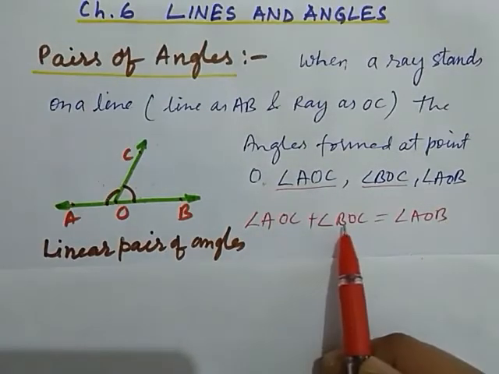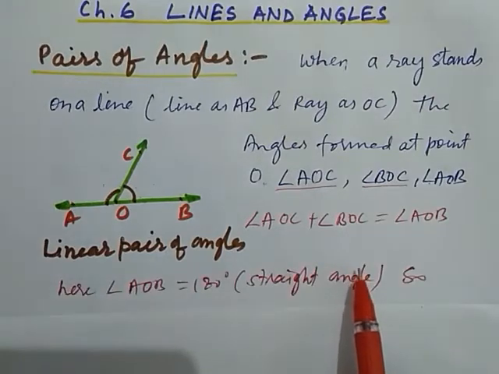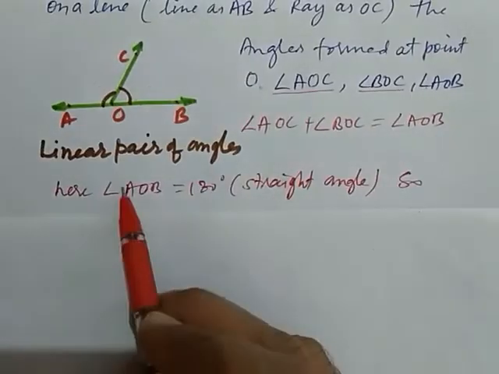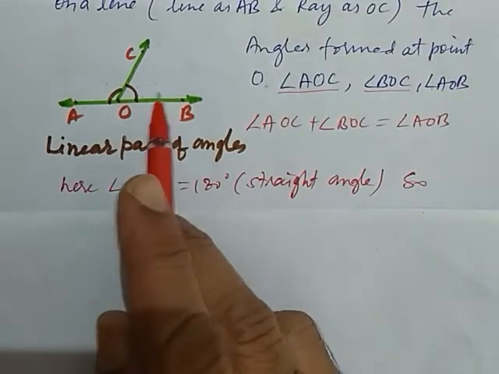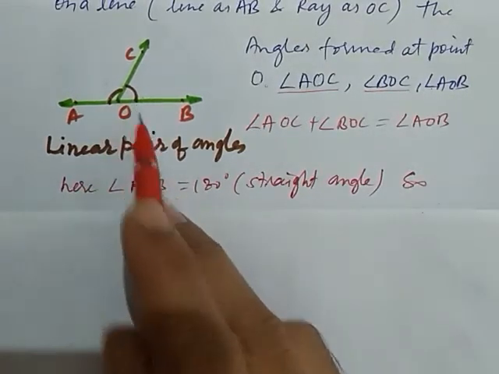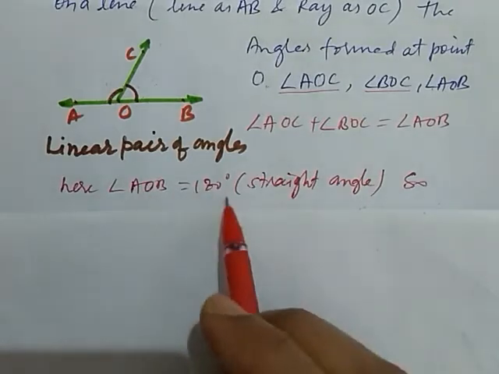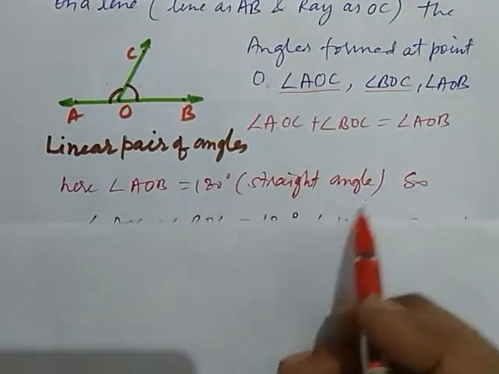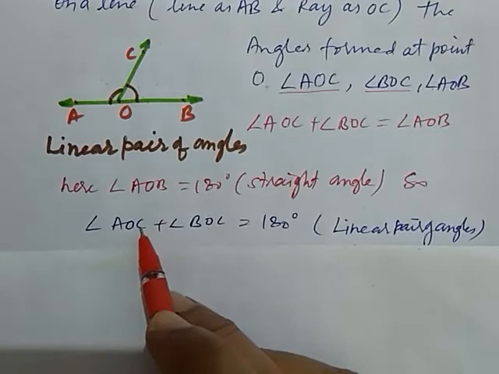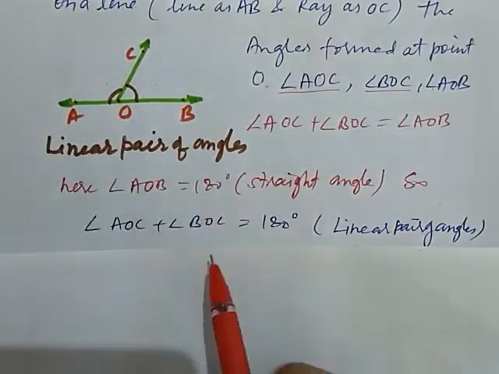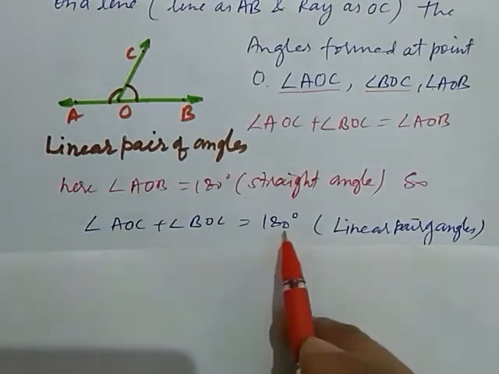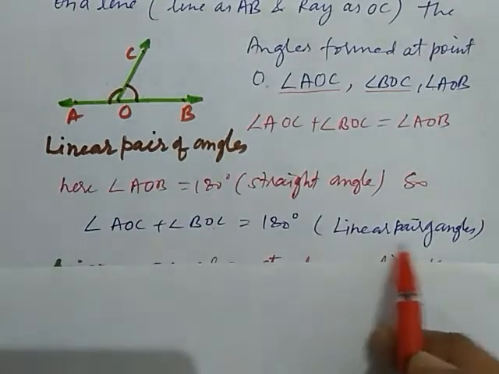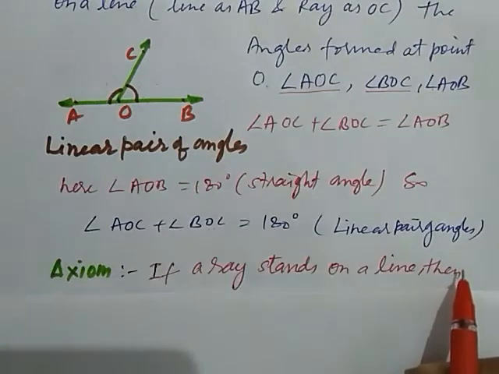Here angle AOB is a straight angle, so angle AOC plus angle BOC equals 180 degrees. That is a linear pair of angles.